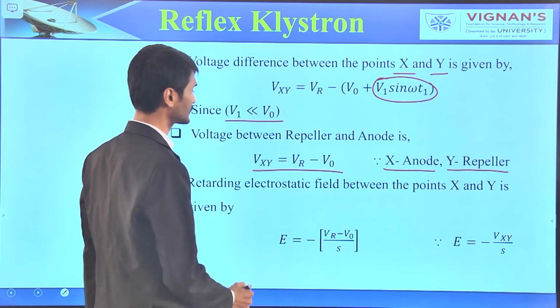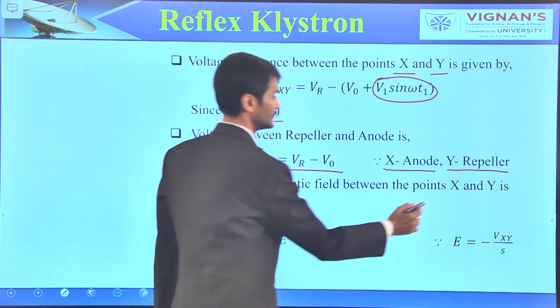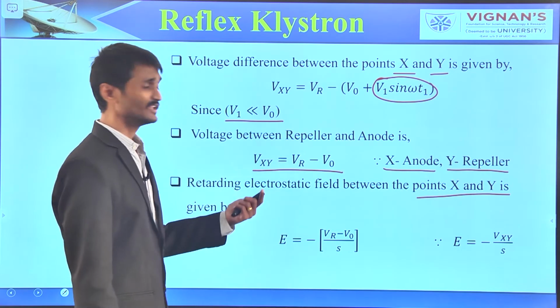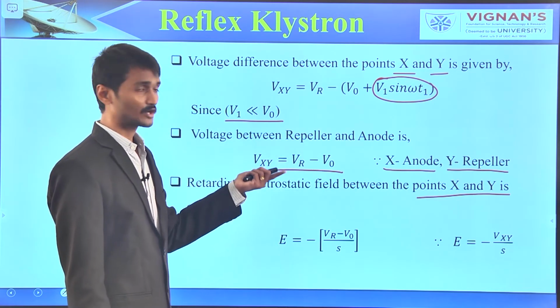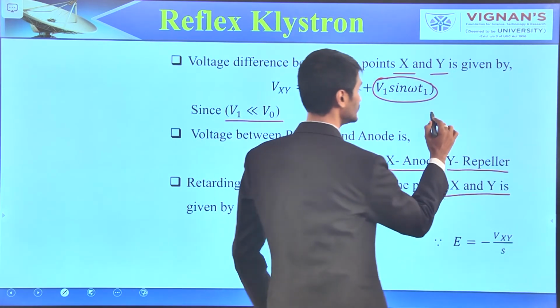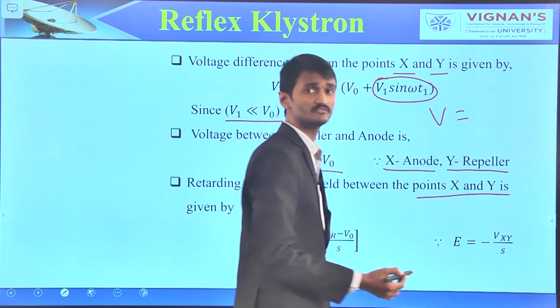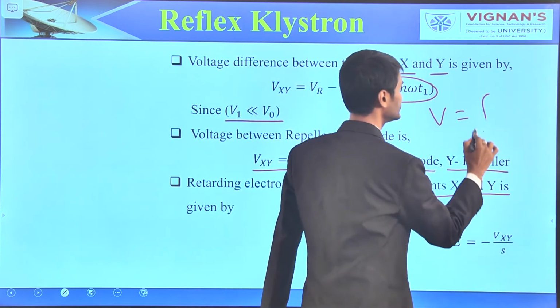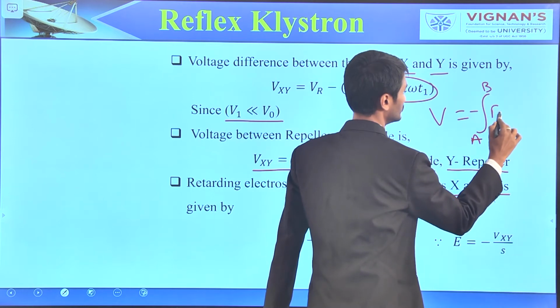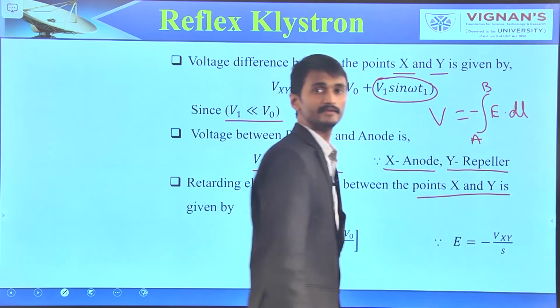Now see the retarding electrostatic field between the points x and y. In electromagnetic field theory we know that the potential difference between 2 points is V equals minus integral from a to b of E dot dl.